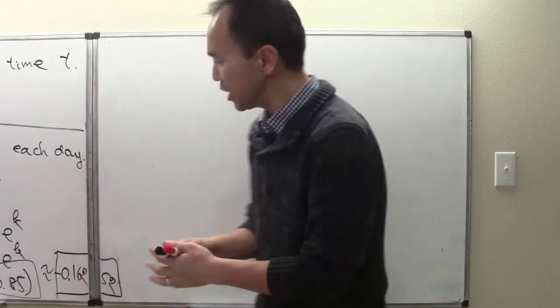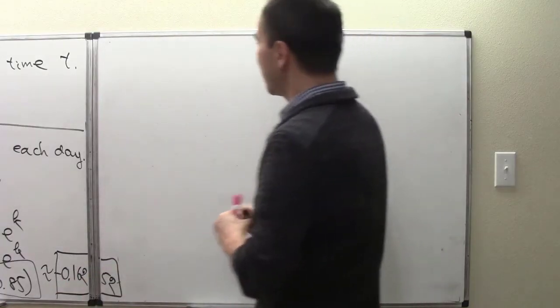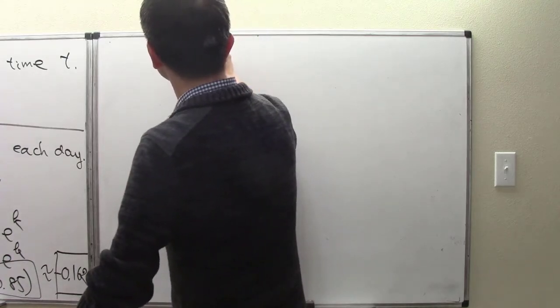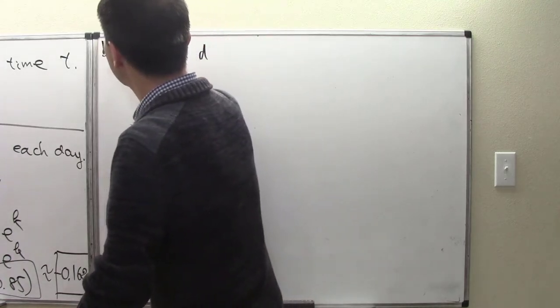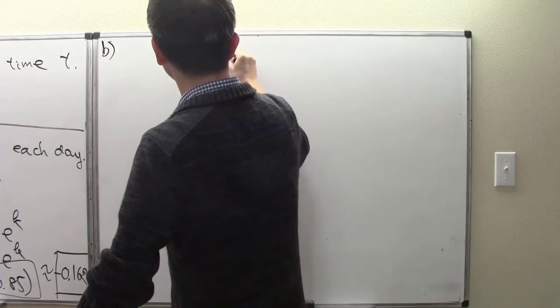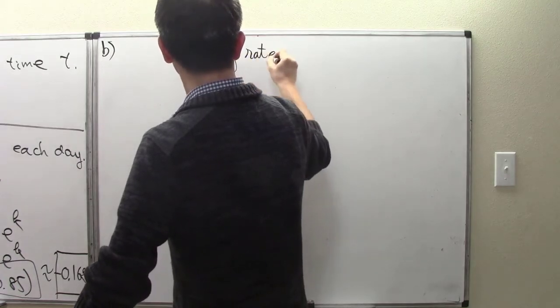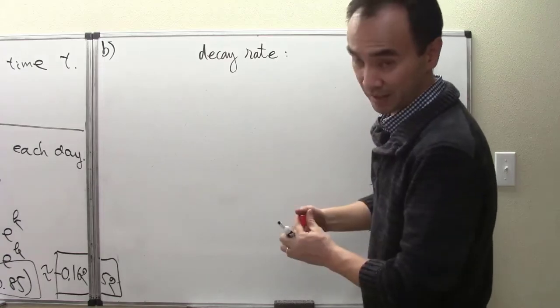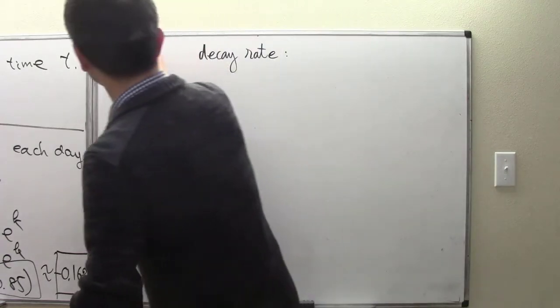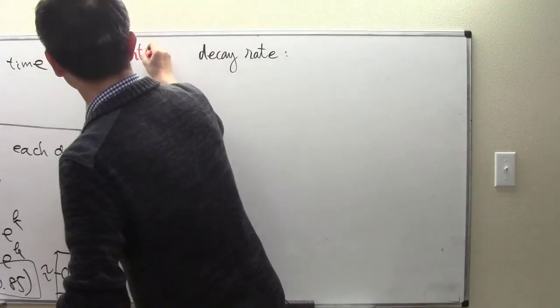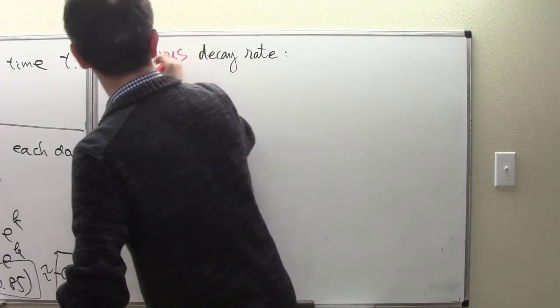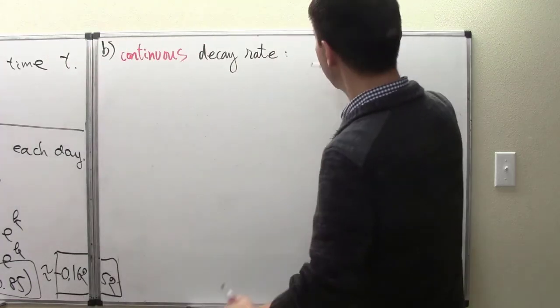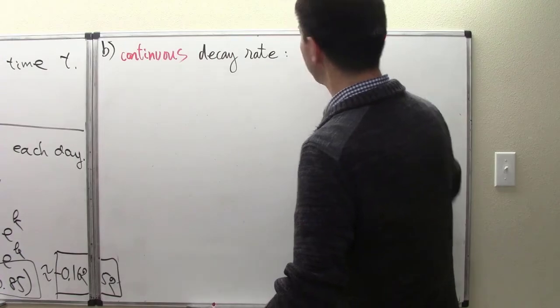And so now I know my decay rate, and this is for part B of our example. The wording is making it clear, so this is now recognized as the continuous decay rate. So now I have to use the variable k for that.